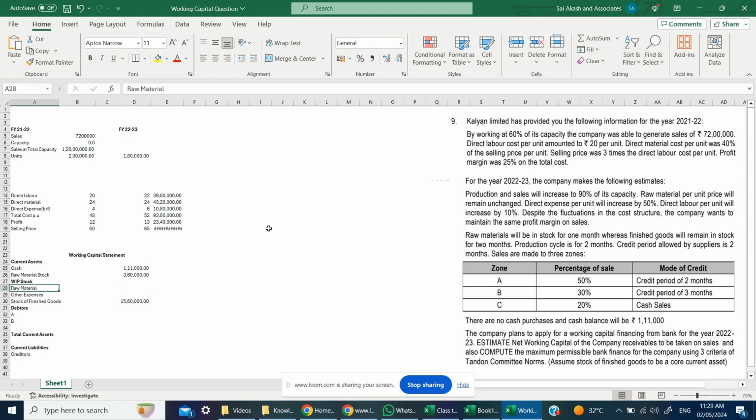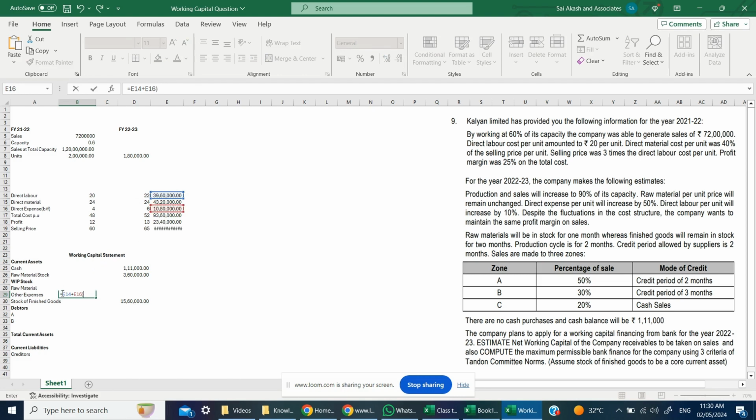Coming to valuation of WIP, what is our standard assumption for WIP? Material is 100%, other expenses 50%. So my material 100% into the production cycle, which is 2 by 12. And for other expenses, meaning labor and other expenses, the standard assumption is 50%.